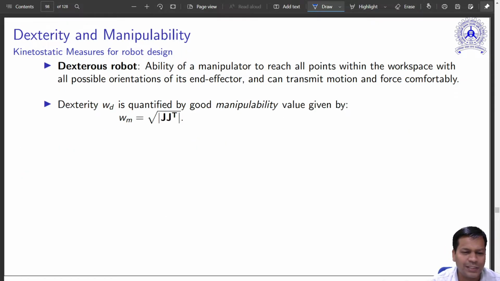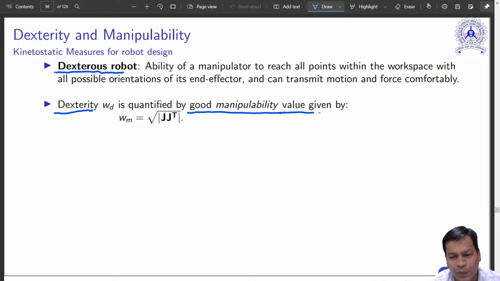Now what is this? Dexterous space and dexterity are different. Dexterity is quantified as a good manipulability value, and this value is given by the determinant of J J transpose.